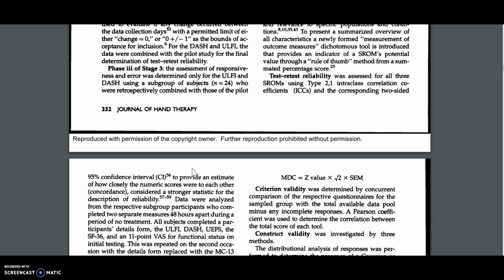And they also tell you that they looked at test retest reliability for all 3 of those self-reporting outcome measures, so DASH, UEFS, and FL, I'm sorry. And that they used the intra-class correlation coefficient.